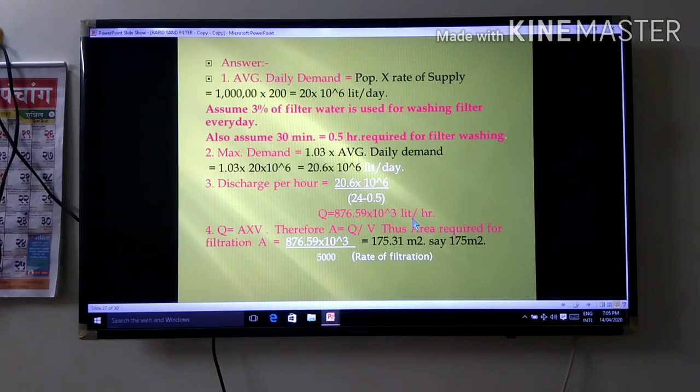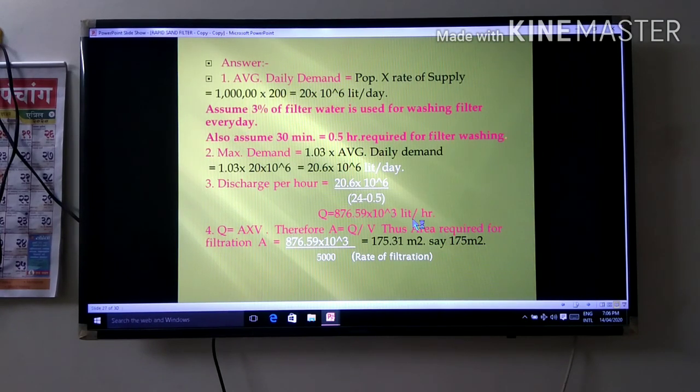The step 3 is discharge per hour. 20.6 into 10 raised to 6 divided by 24 hours minus 0.5 hours, because we reduce 0.5 hours for filter washing. Thus, 24 minus 0.5, 23.5. Therefore, capital Q is equal to 876.59 into 10 raised to 3 liter per hour.